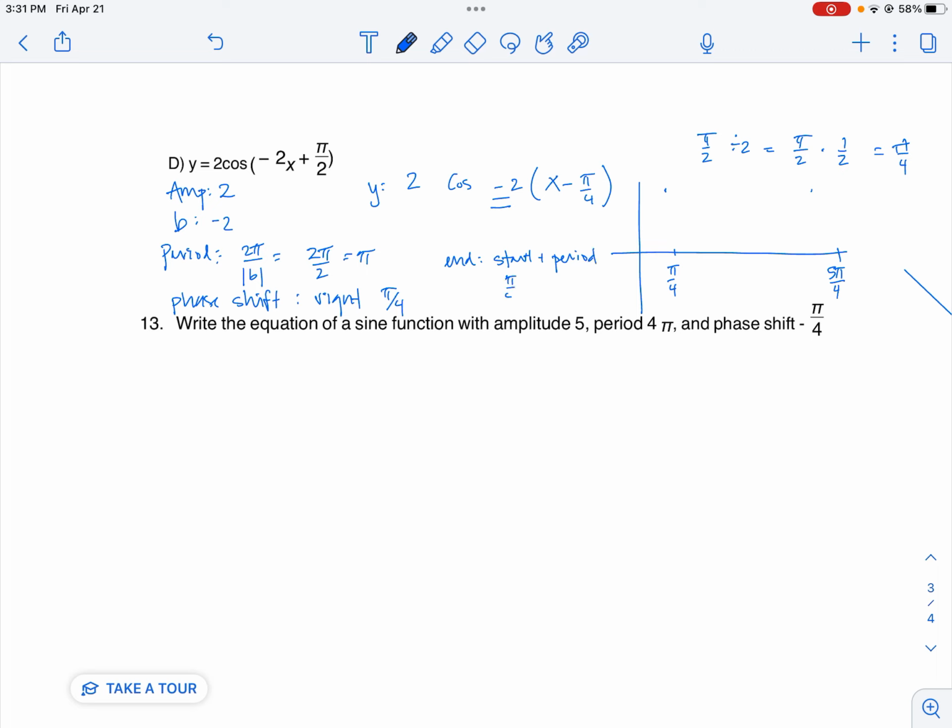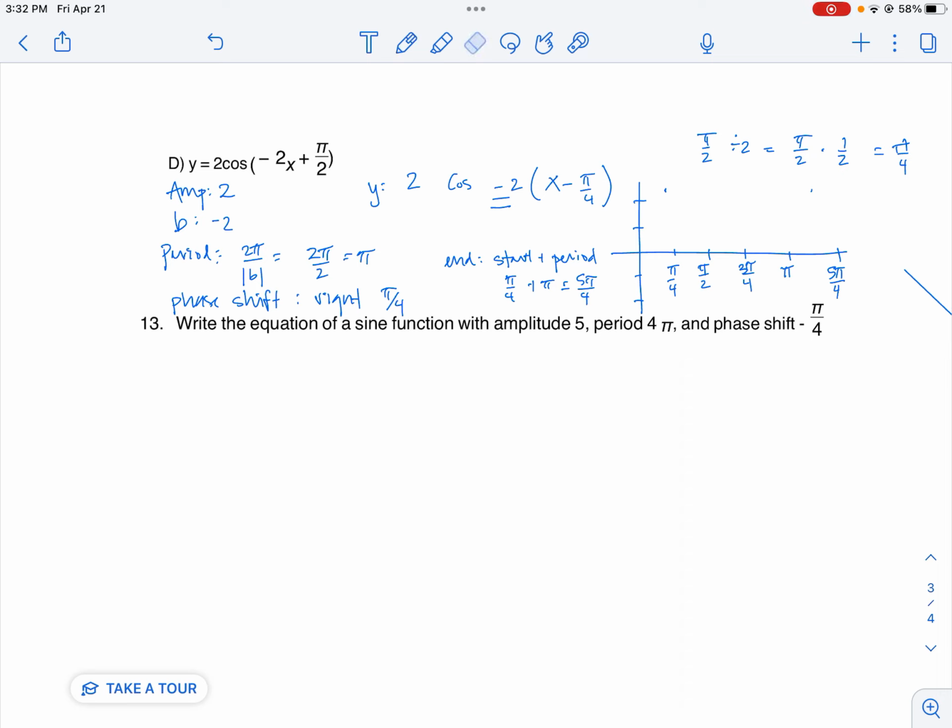So I'm going to add pi over 4 to pi and get 5 pi over 4, and that is going to be my endpoint. So I know the point in the middle has got to be 3 pi over 4, and that these points in between have got to be 2 pi over 4 and 4 pi over 4, which would be pi.